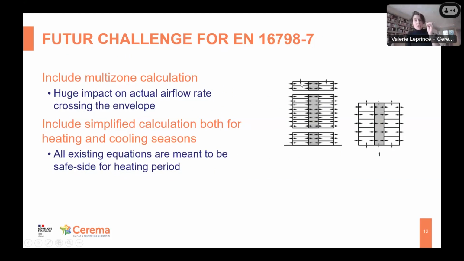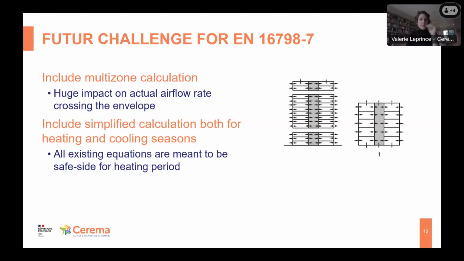And those pressure drops inside the building will also impact the inflow and outflow. So we would need to include these multi-zone calculations in the 16798-7 to be even more precise in the calculation of flow rate. It's even more important for window airing, of course, but it also impacts leakages.